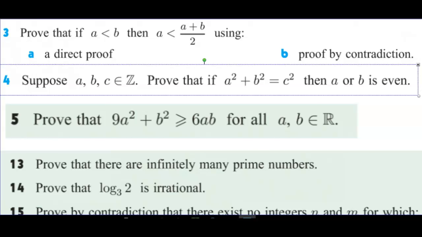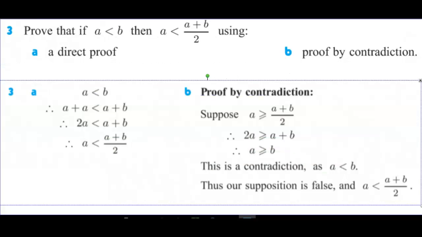I'm going to do number 3 for you. I like number 3. Prove that A is less than B. So there's my if, and then the then is what must be true. In a direct proof, we start with our supposition, and what we're trying to do is work down to our conclusion. I love this step. It's like, how am I supposed to start here and end here? Well, there's an a, there's a b, there's a lot of things you have to introduce.